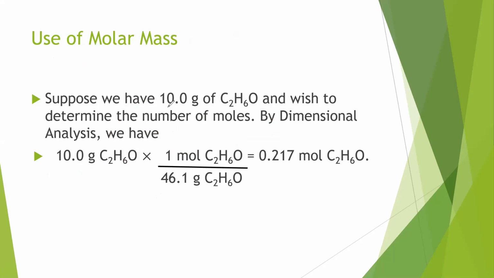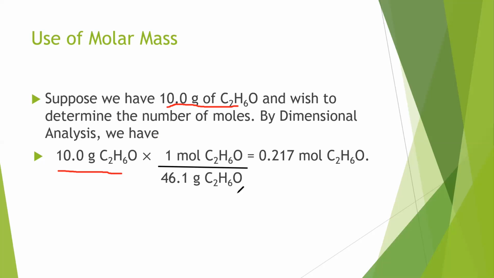Suppose we have 10 grams of ethanol and we wish to determine the number of moles. To determine the moles, we first start with what we have. So we have 10 grams of ethanol. That's the first thing we put. But then we want to cancel out these grams of ethanol and change it into moles of ethanol. As you can see, we can use this factor we just discovered on the last slide that equals 1, and multiply it.